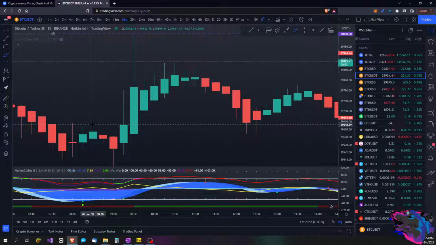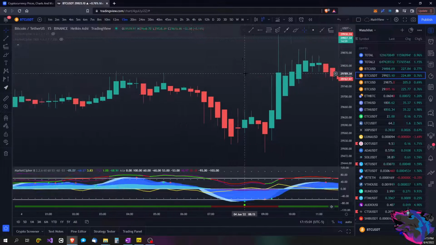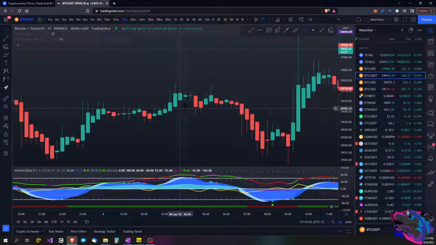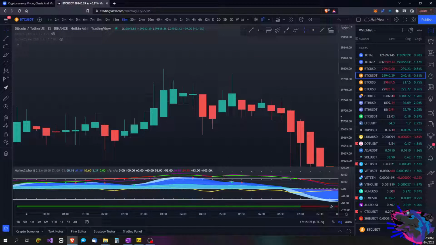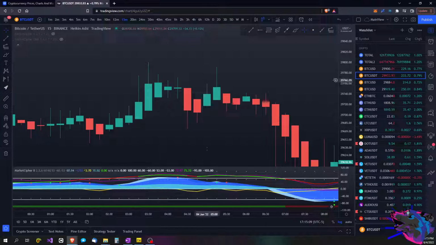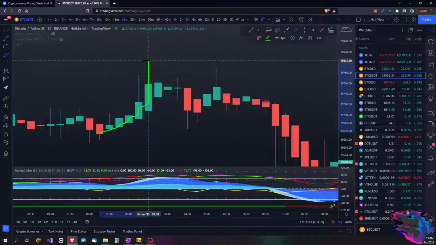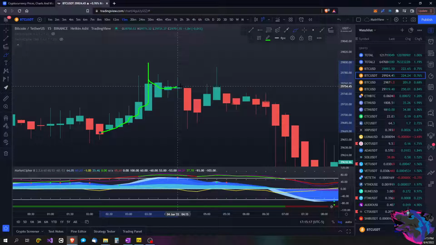Now, one thing to keep in mind with Heikin Ashi candles, here's a good example right here, and this can often take a little bit of getting used to after using them for a little while. You have this run up, and you can see in the candles where it kind of comes back down a little bit.